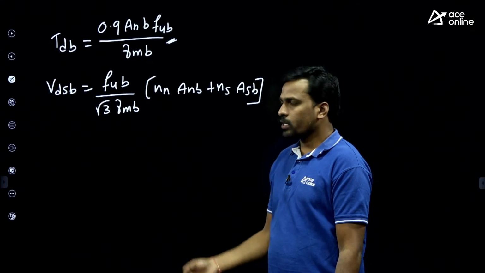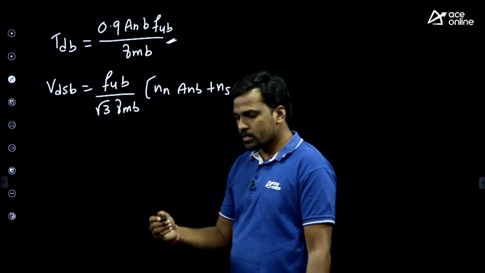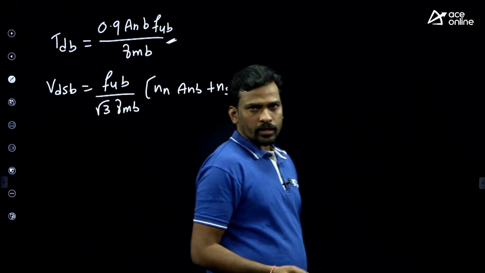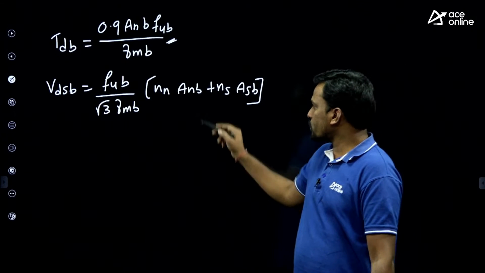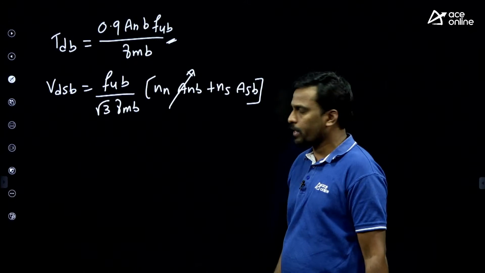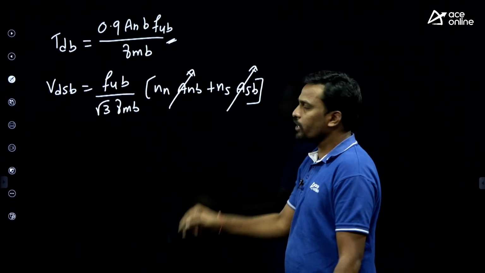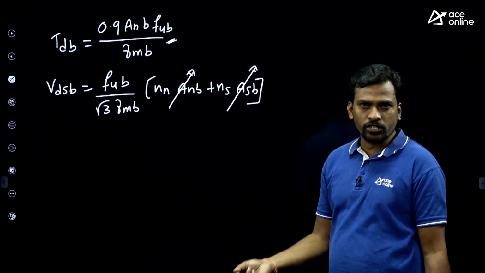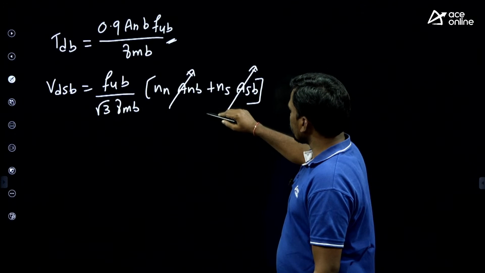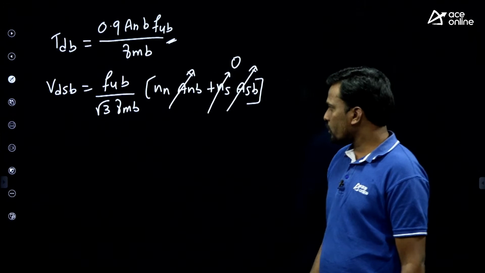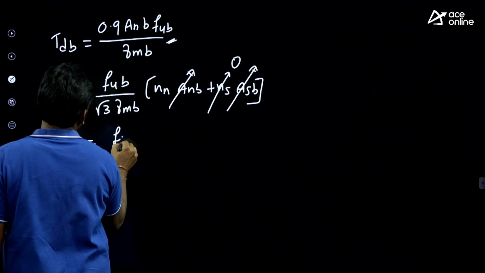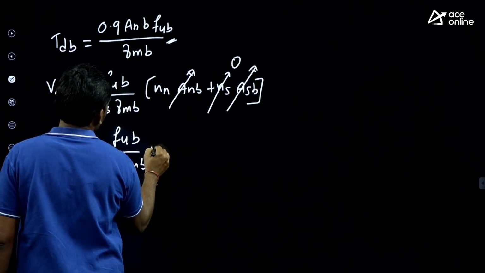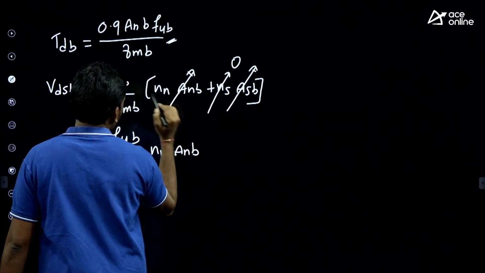Students, in the question, if you don't mention whether threads are intercepting the shear plane or not, we always consider that threads are intercepting the shear plane. It means in this case NS is 0. If NS is 0, then the formula is FUB divided by √3 gamma MB times NN ANB.